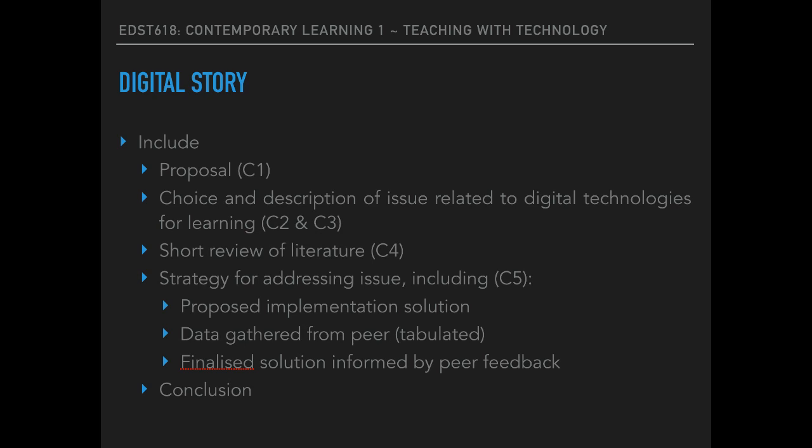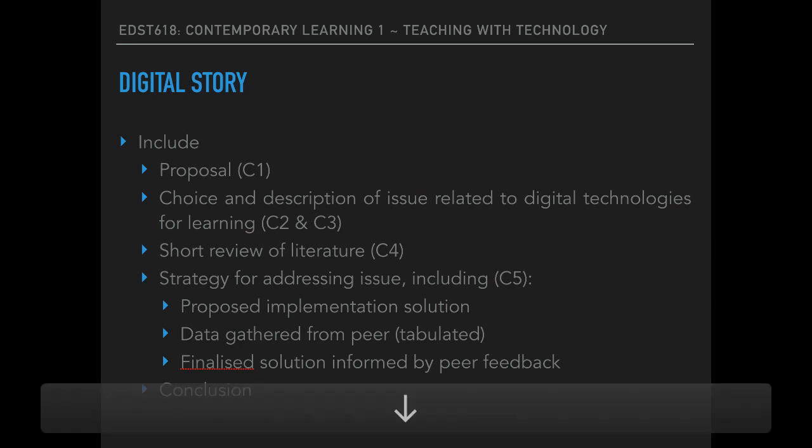On this slide, that is how I would structure it, with separate headings, and under the strategy for addressing the issue, have those three, proposed implementation solution, data gathered, and finalized solution, as subheadings. That will present a really succinct, easy to read, professional format for the task.